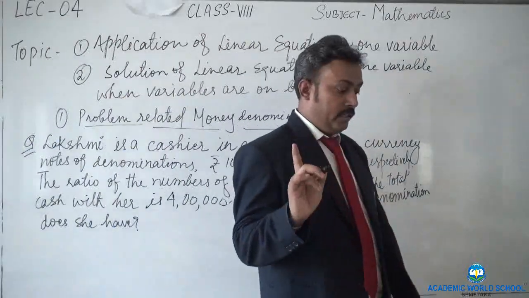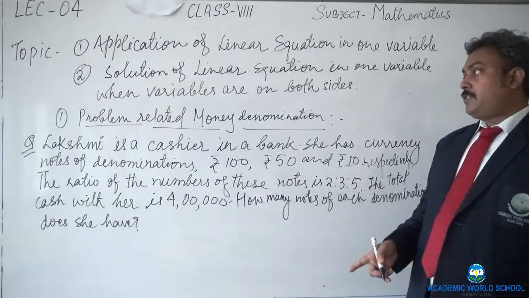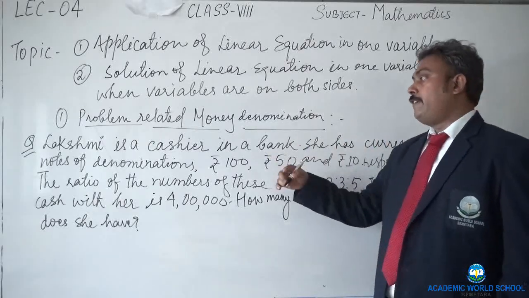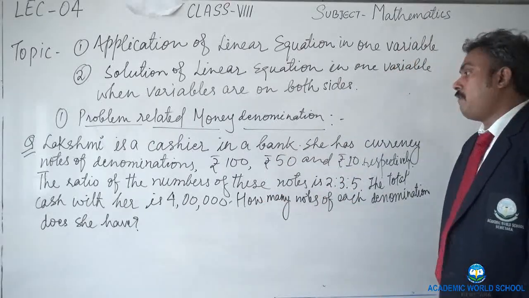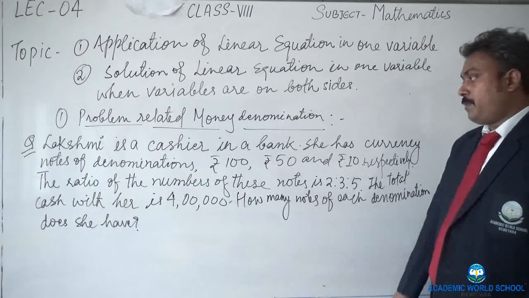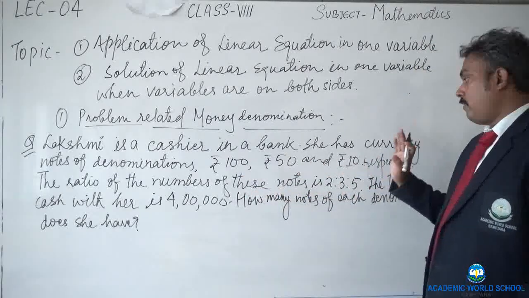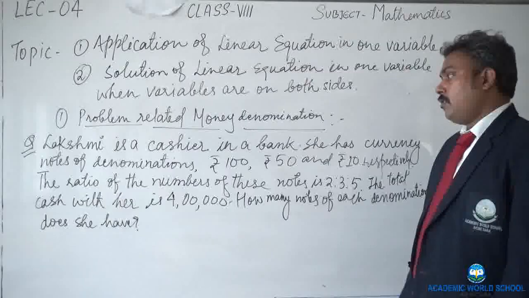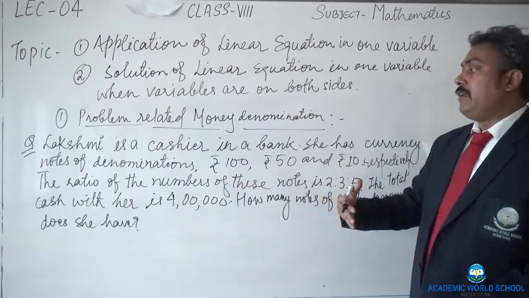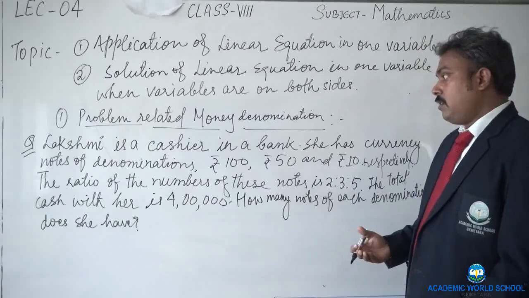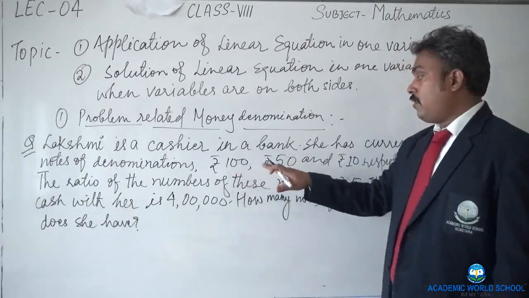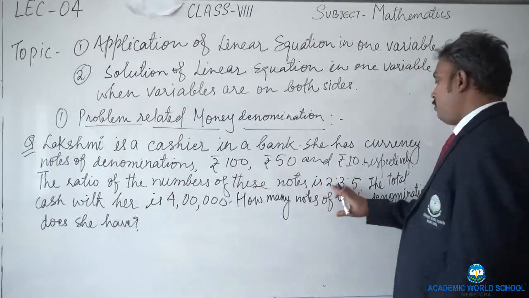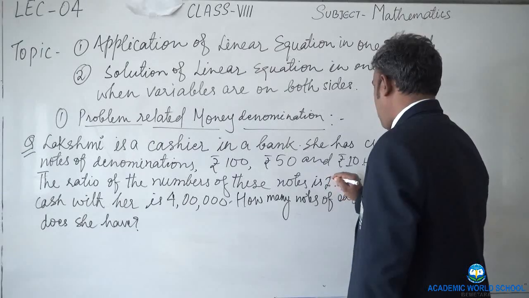Now, let us read this question again. Lakshmi is a cashier in a bank. She has currency notes of denomination, means she has the notes of rupees 100, 50 and rupees 10 respectively. The ratio of numbers of these notes, means how many notes of 100 or 50 or 10 rupees she has, their ratio is 2:3:5.